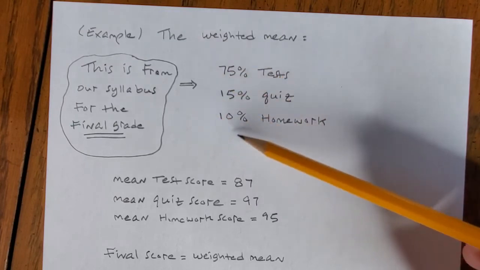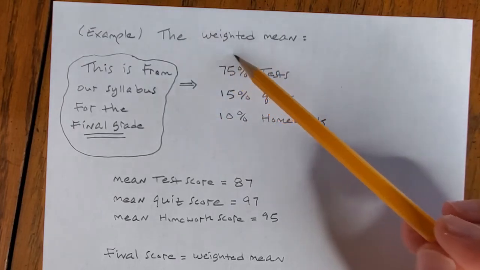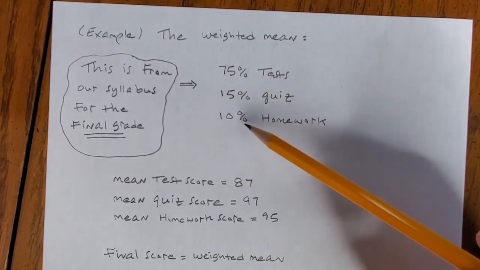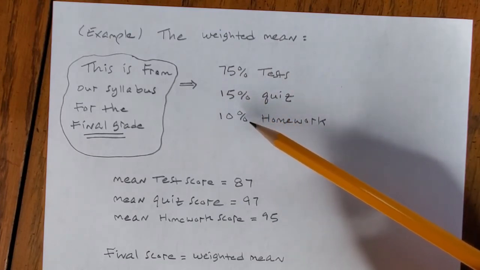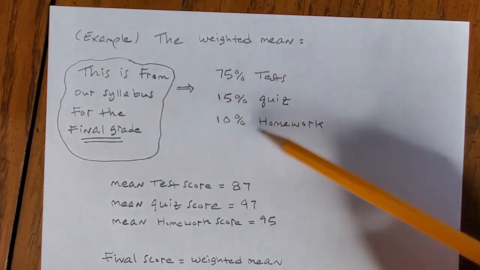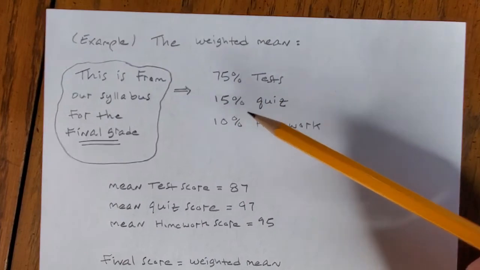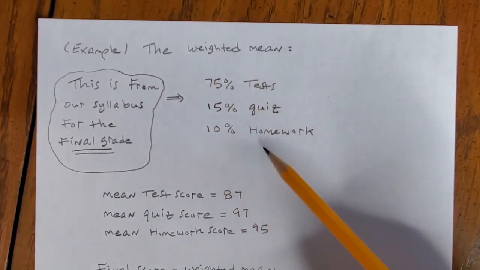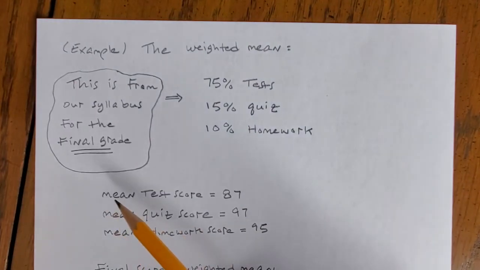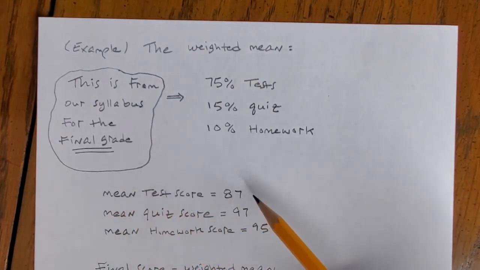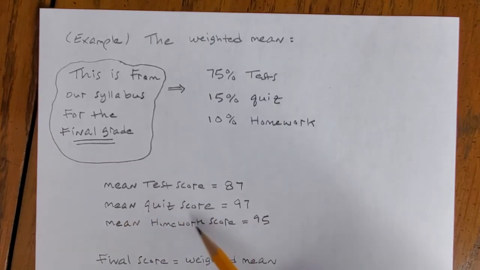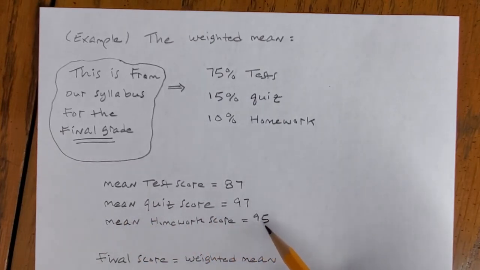So what do the percents mean? When I say that those are the weights, 75%, 15%, 10%, what do you mean by weight? Let me show you. There's a simple calculation behind this. Let's say that this is how I'm going to calculate your final grade. In addition to that, let's say your mean or average test score is 87, your mean quiz score is 97, and your mean homework score is 95.